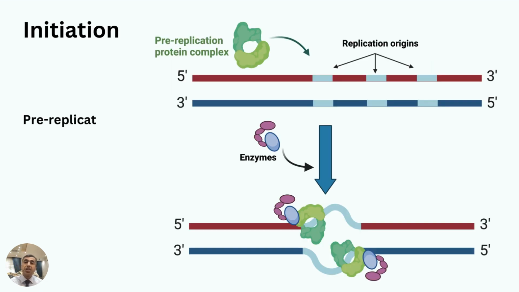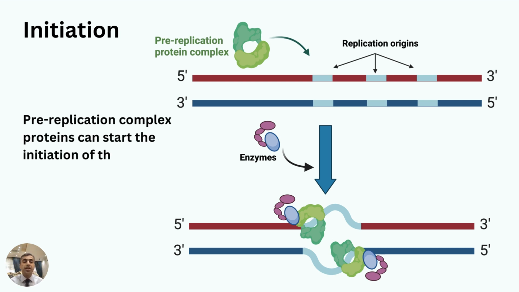Now, for initiation of this process, there is a protein called the pre-replication complex protein. Firstly, it moves, and then it recognizes a specific place in our genome, or in the bacterial genome, which is called the origin of replication.